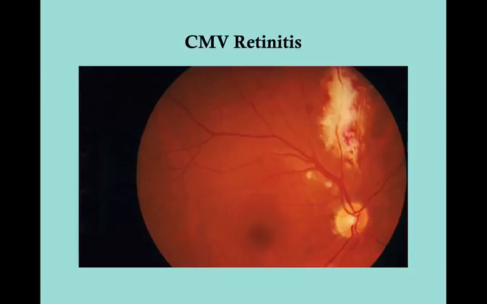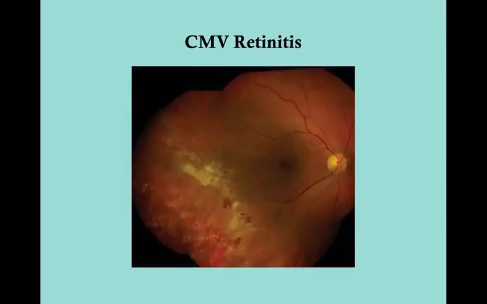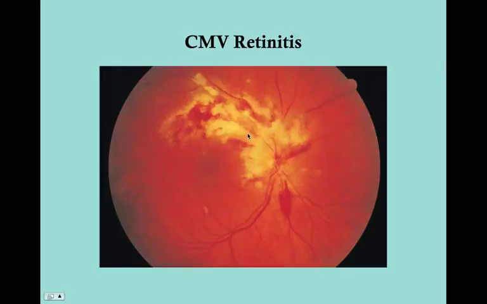And that's going to help you distinguish this from something else that can cause retinitis in an immunocompromised patient, and that would be varicella zoster virus, or herpes simplex virus. So here, again, you see this sort of granular appearance crossing through the veins. And there can also be some hemorrhaging as well.